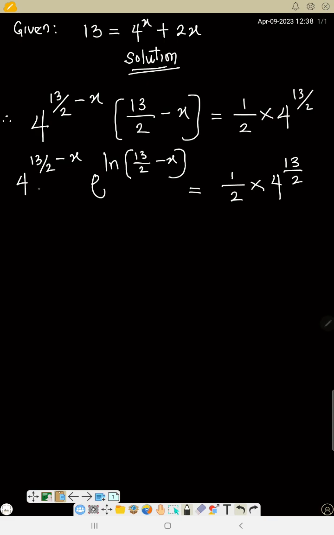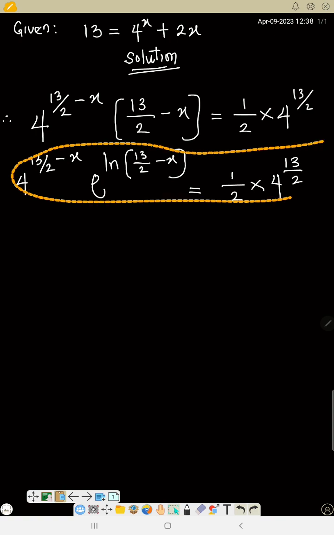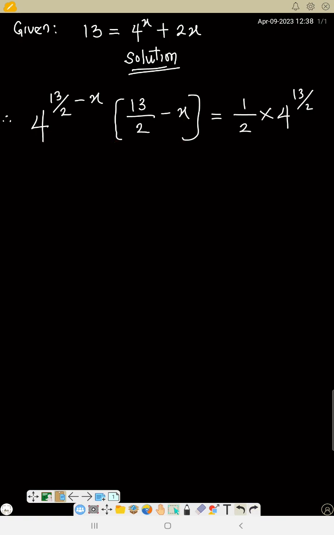Likewise this 4 here. If I apply the ln on this one, I may not really achieve what I want. So let me apply the ln on this one.